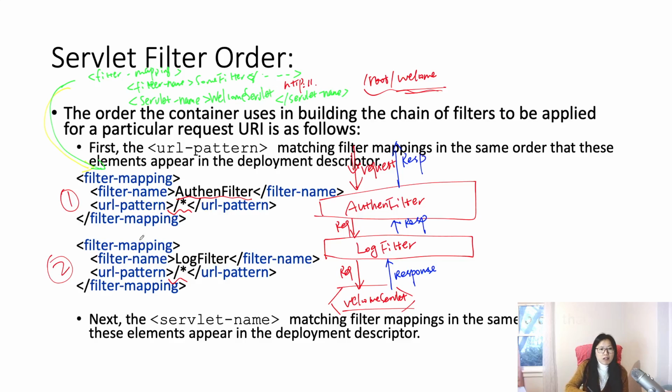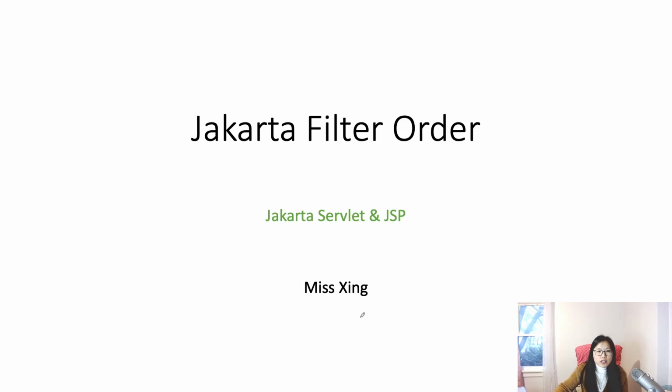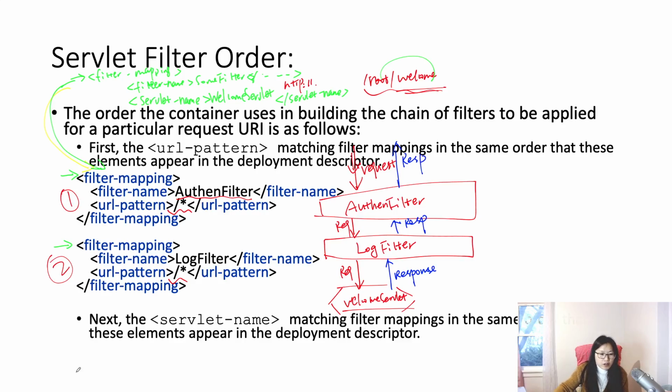Okay, so now in the web.xml file, this field is defined first, this field defined second, this field defined third. Now, when the same request comes and goes to welcome servlet, what's the order now? The order is still, first it will check all the filters that use URL pattern.